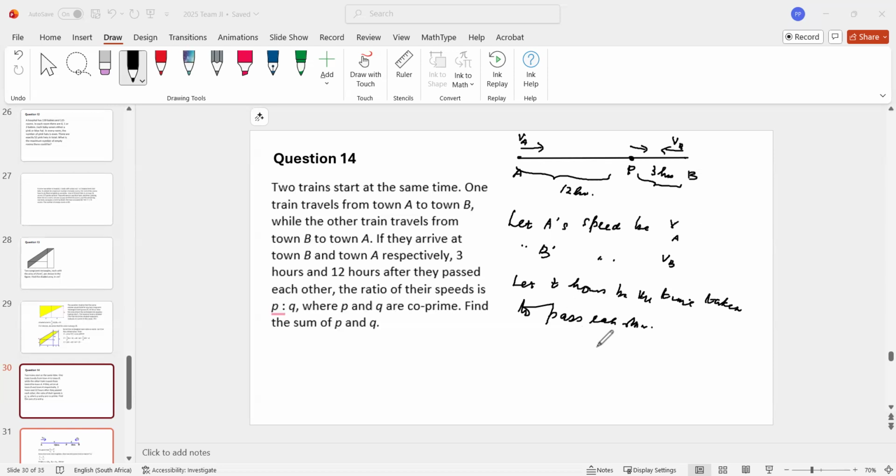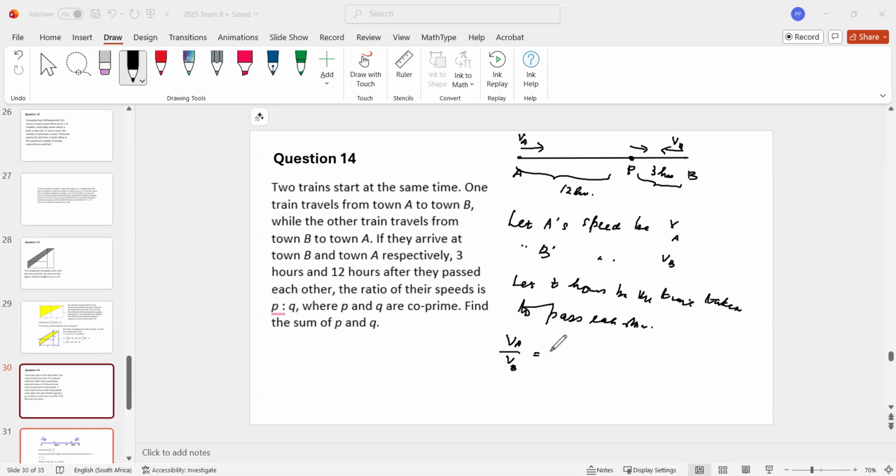So what I do know is the following. VA over VB, right, is traveling 4 times faster than the other guy.